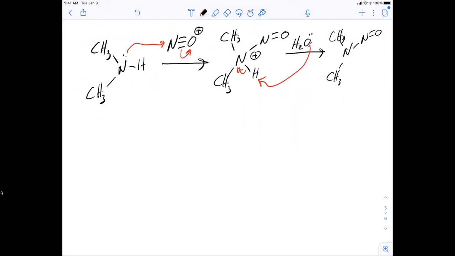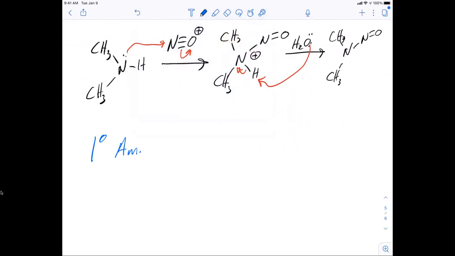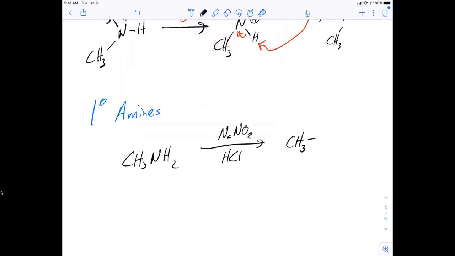The bigger reaction that we're going to be focusing on is actually primary amines. With primary amines, we end up with a, so again, sodium nitrite, an acid, so here we end up with a diazonium.